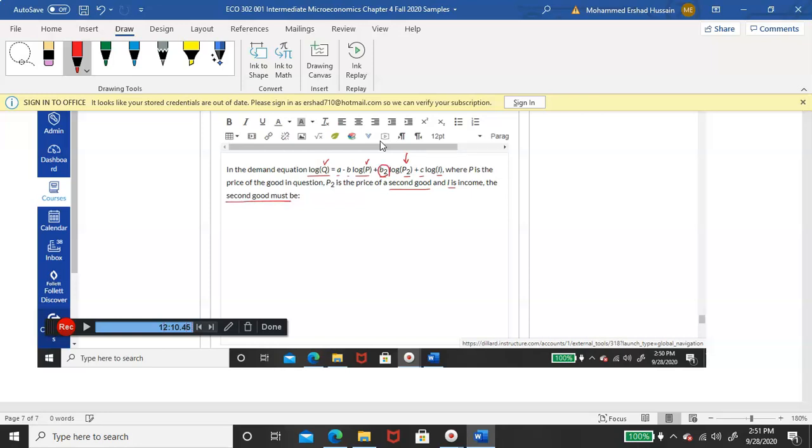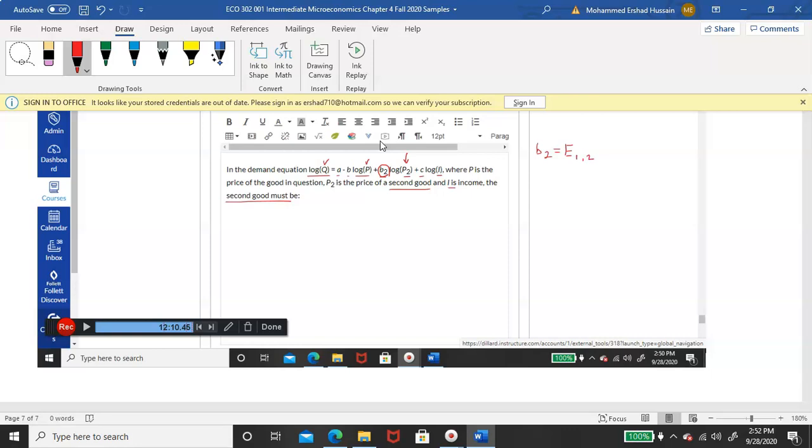So let us look at B2. B2 is the coefficient, and what is it telling us? One thing here is that the right hand side and left hand side are all in log. Therefore B2 is actually the cross price elasticity of good 1 in terms of the price of good 2, right?